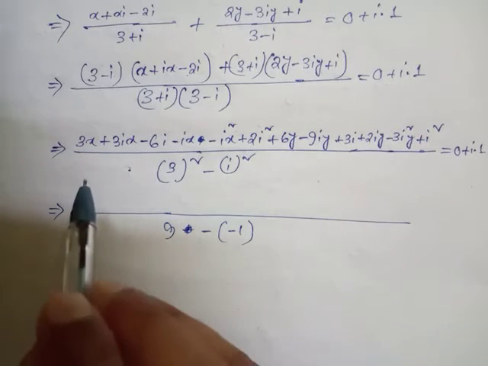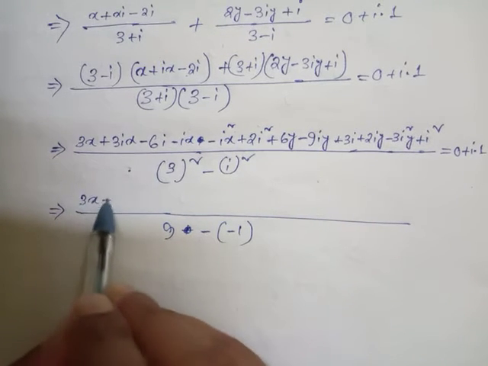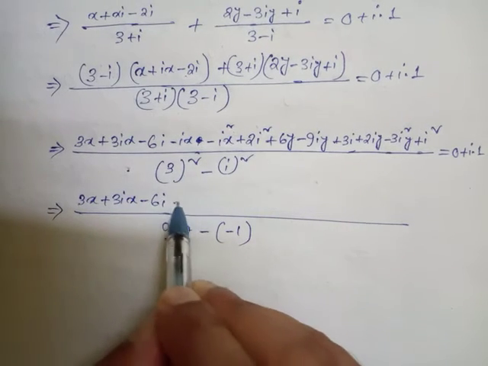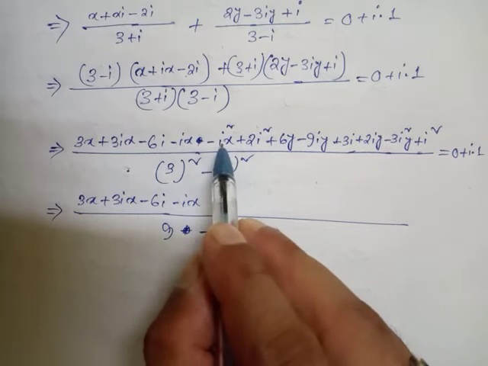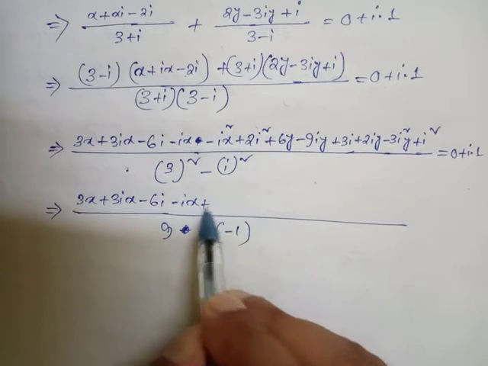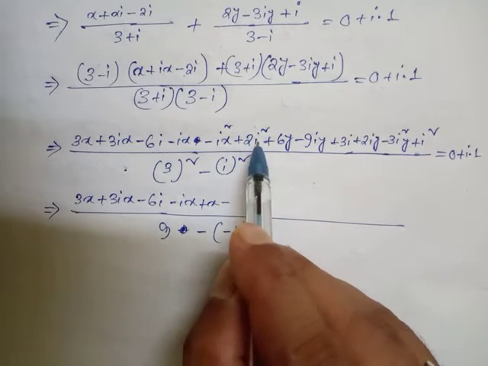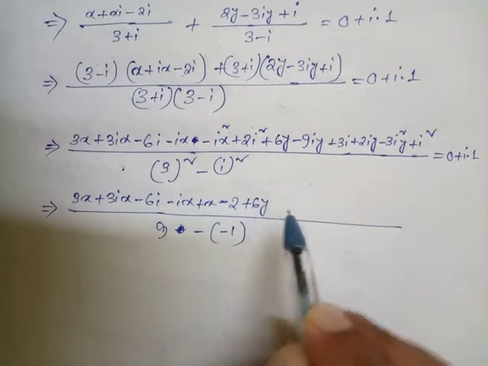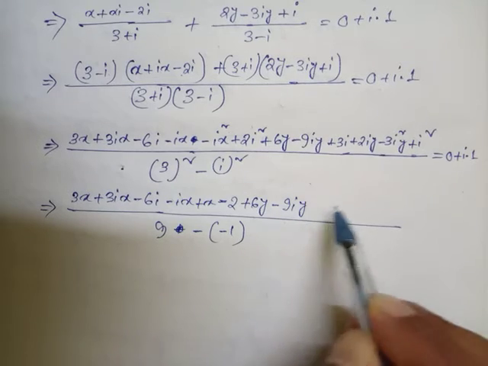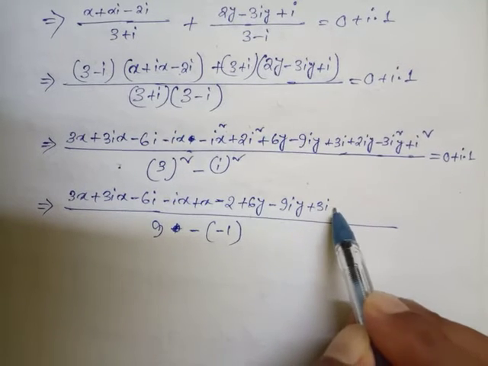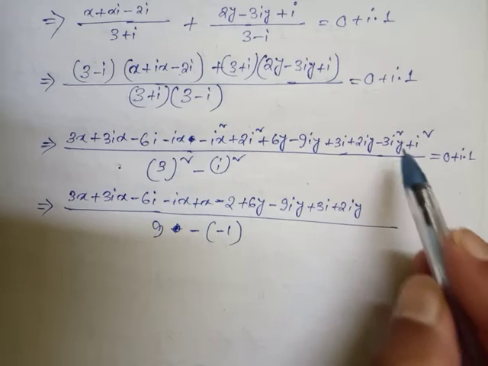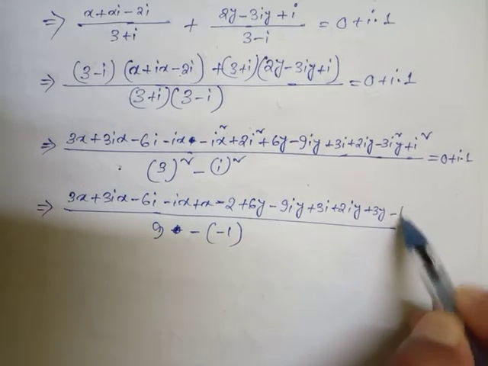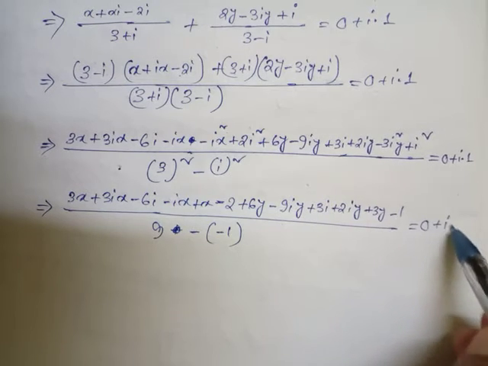Now come to this point, there is 3x plus 3ix minus 6i, and there is minus ix. i square is minus 1, minus minus plus x, and i square is minus 1, there is 2 only, so minus 2, and there is 6y minus 9iy, and there is 3i and plus 2iy, and i square is again minus 1, so minus minus plus 3y, equal to 0 plus i into 1.